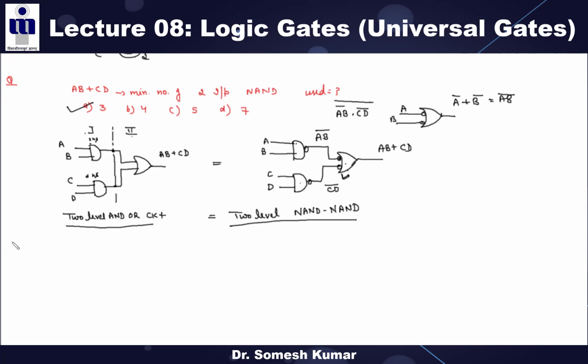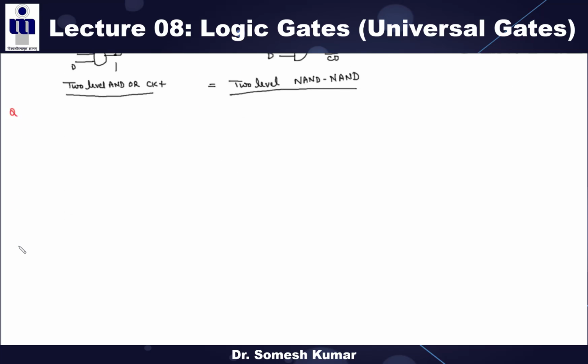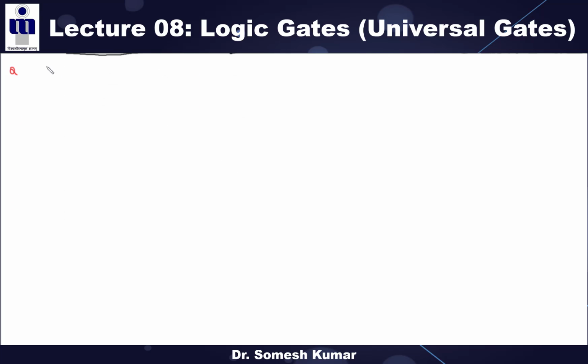Now, the next question is, an SOP circuit can be implemented with the minimum number of NAND gates, while the POS circuit can be implemented with the minimum number of NOR gates, right?